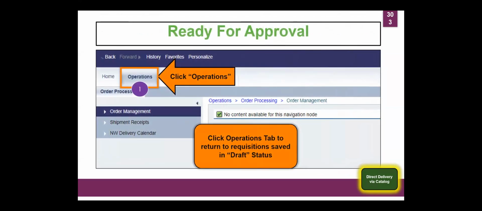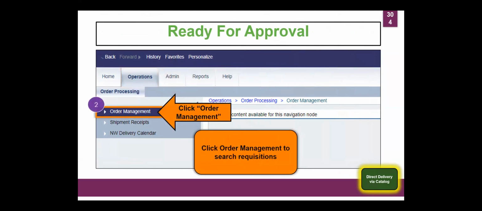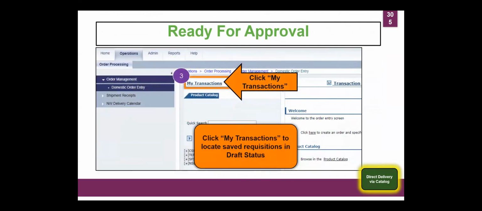So to find those that you have in draft status, you're going to go to operations. Click on order management. And then you'll see my transactions. So while you're in the training environment, there might be a bunch of other transactions that people have made.